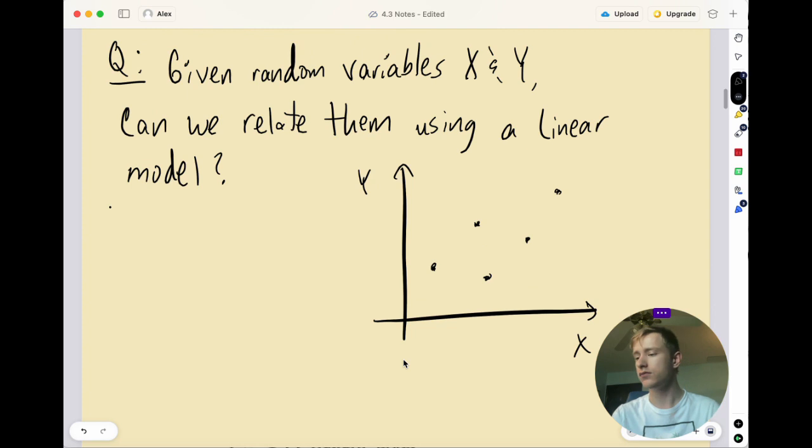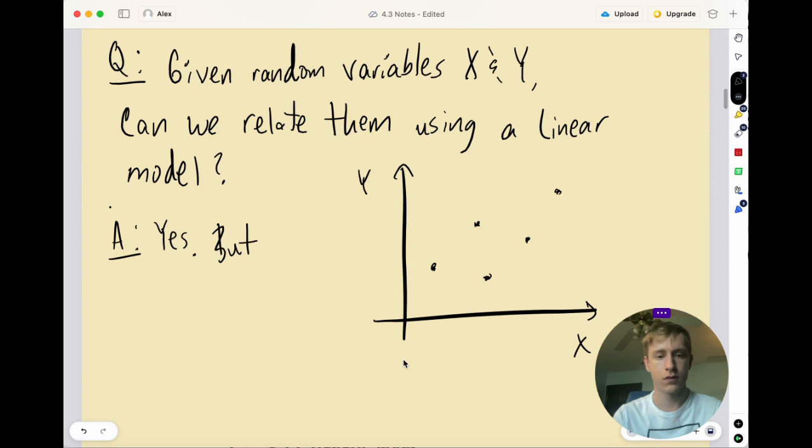And the answer is yes. To put it very simply, the better question is, how well is that line going to actually approximate the data? And the second decent question to ask is, how do we find the best line that goes through the data? Okay, that's actually terrible writing. But some additional concerns.